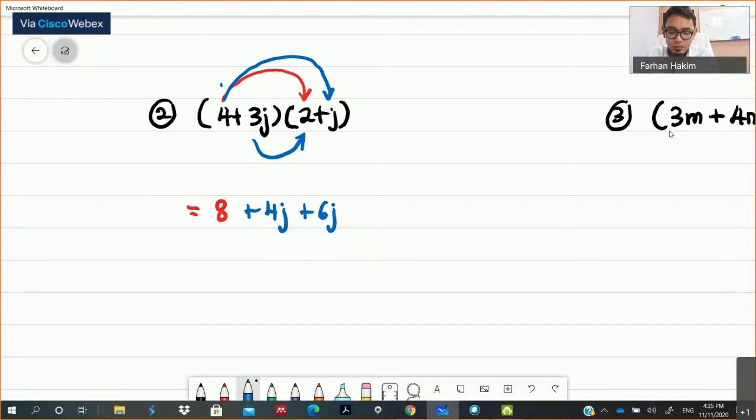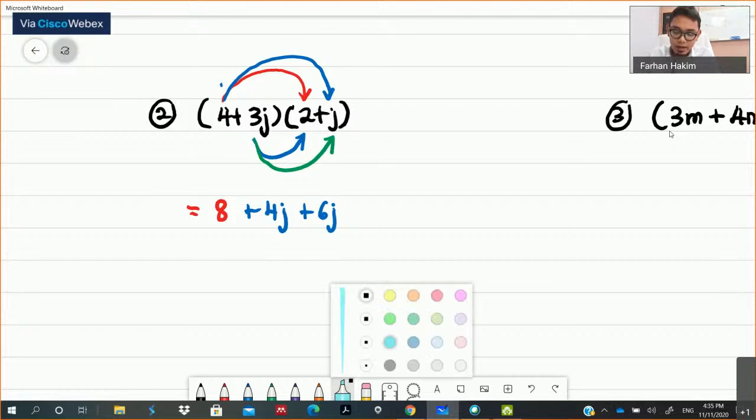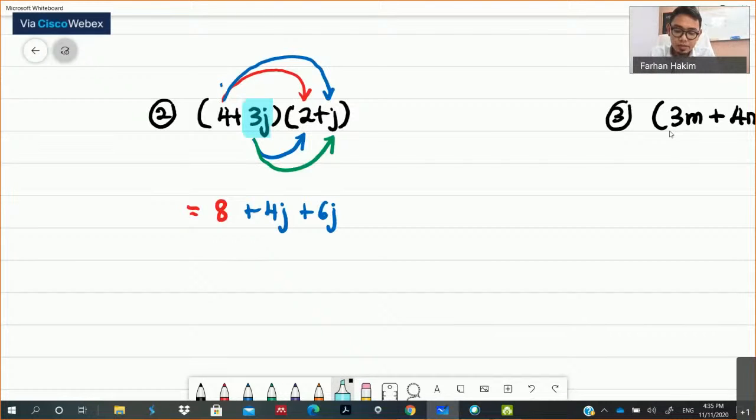And then last one, we have 3j multiplied by j, which will have positive 3j square.